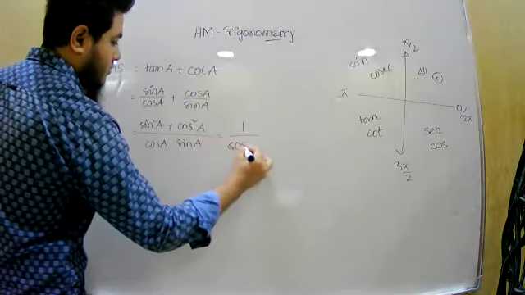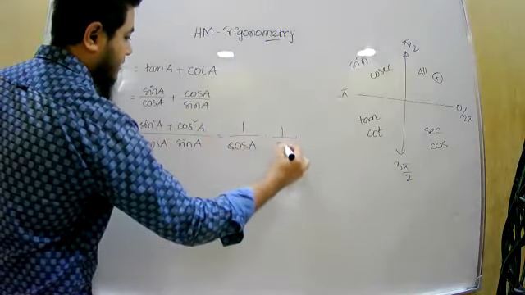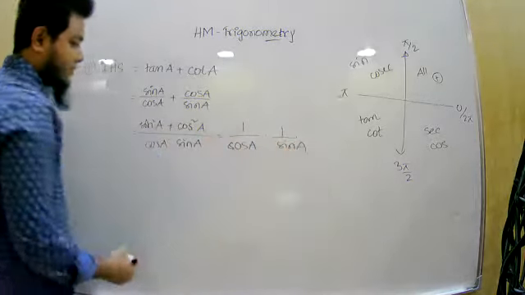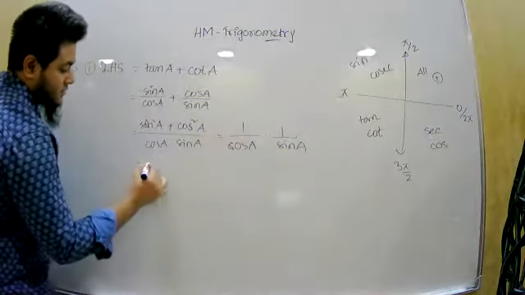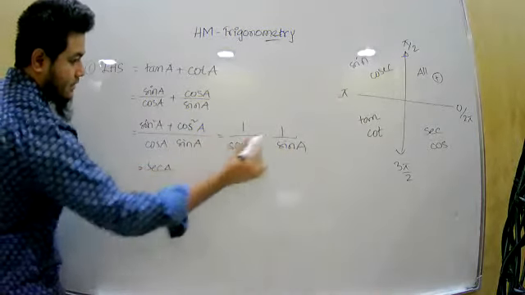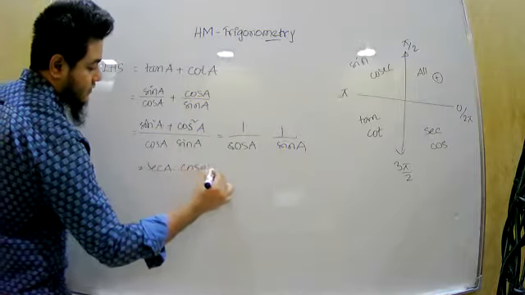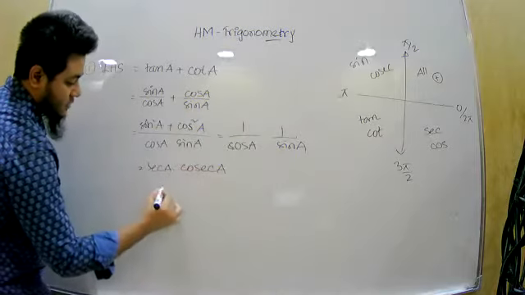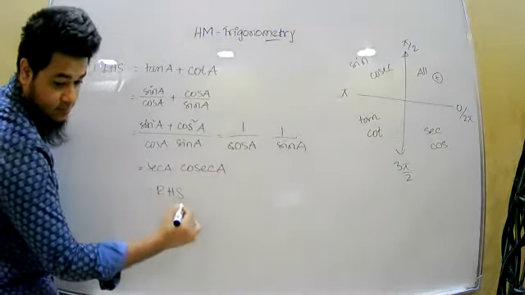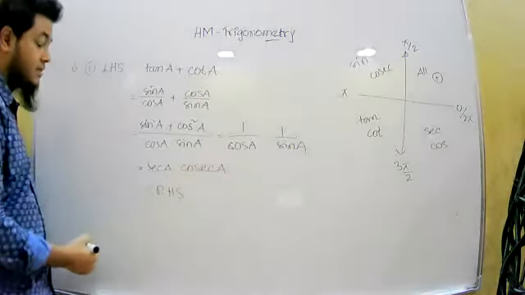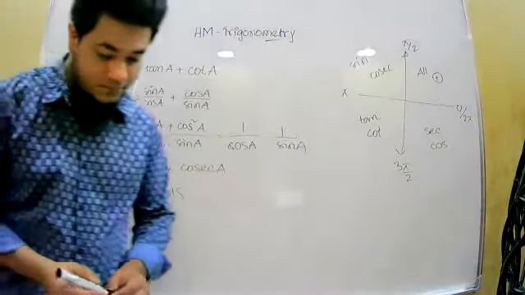So we get 1 by cos A into 1 by sin A. We can write it in this shape, right? So 1 by cos A is sec A, and 1 by sin A is cosec A. So that is our right hand side, sec A into cosec A. So left hand side equals right hand side.